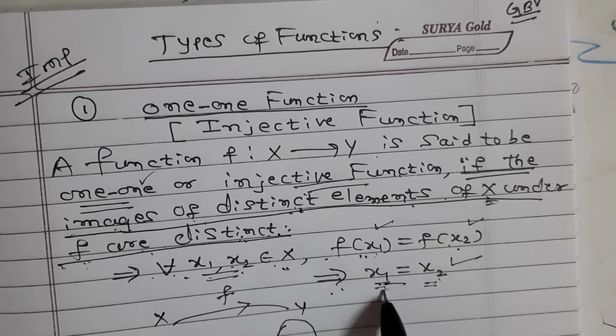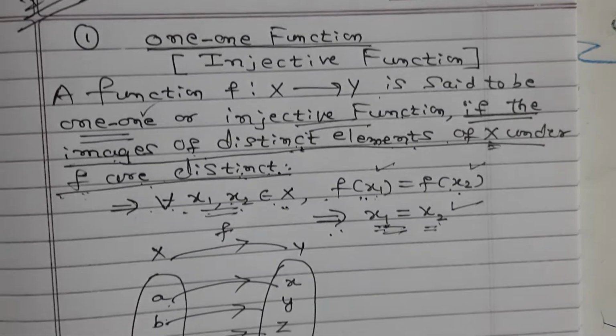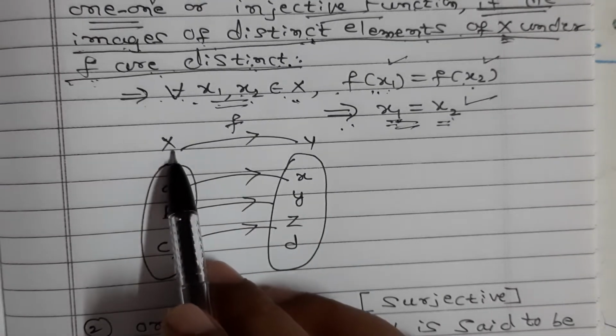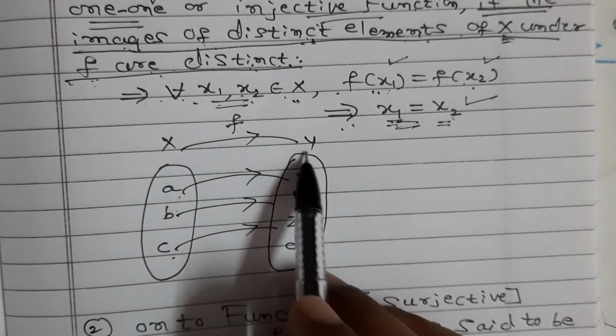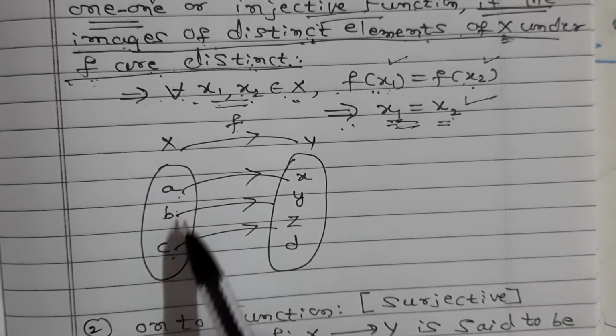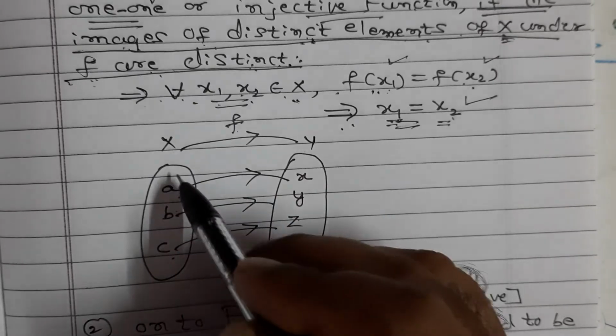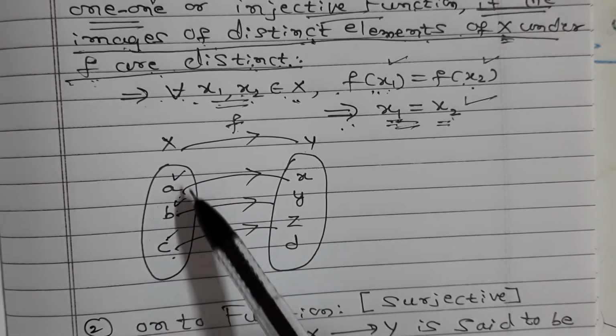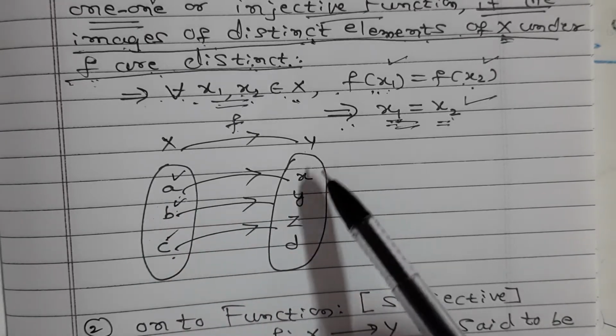So we can understand this by taking a simple example here. I have considered one arrow diagram here, X to Y, defining a function f from X to Y. I have taken generally a, b, c, x, y, z and t. You observe here, distinct elements of the first set have different images.